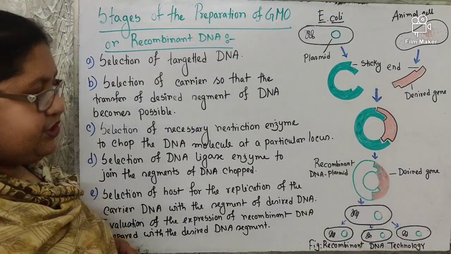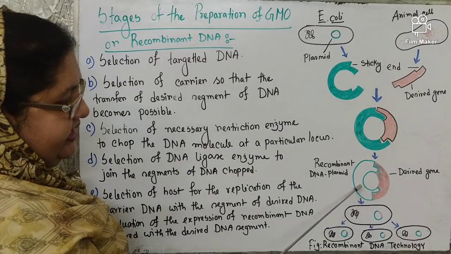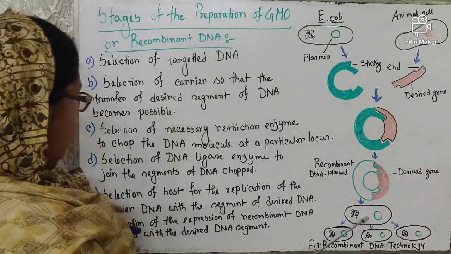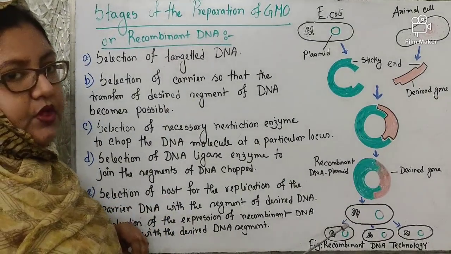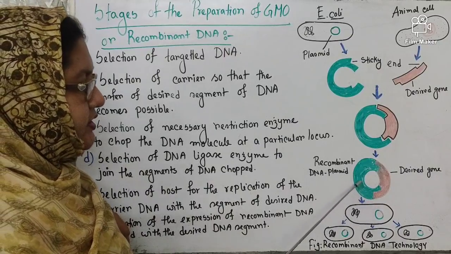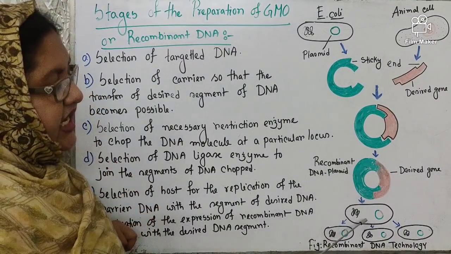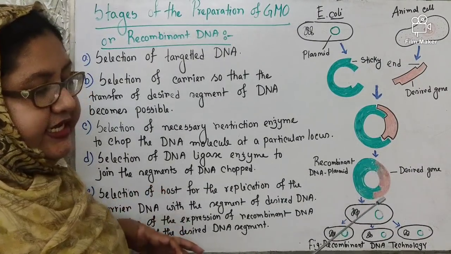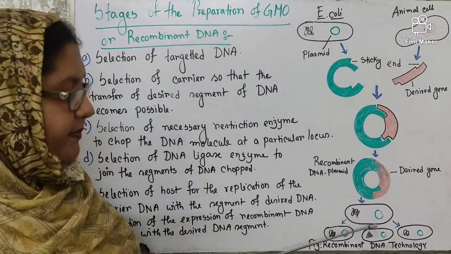Now what should we do? Now we have to insert this recombinant DNA plasmid inside the host cell for replication. When we insert this DNA molecule into the host cell, it allows the host cell to multiply or replicate.